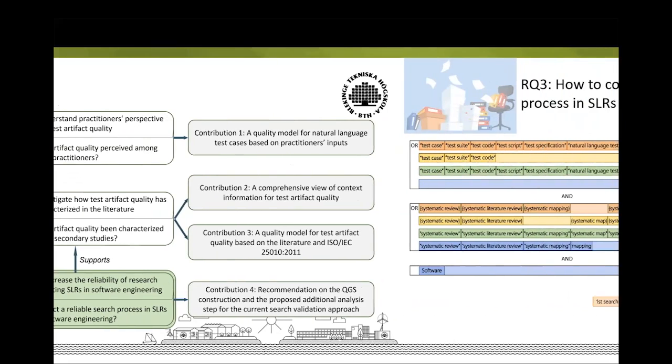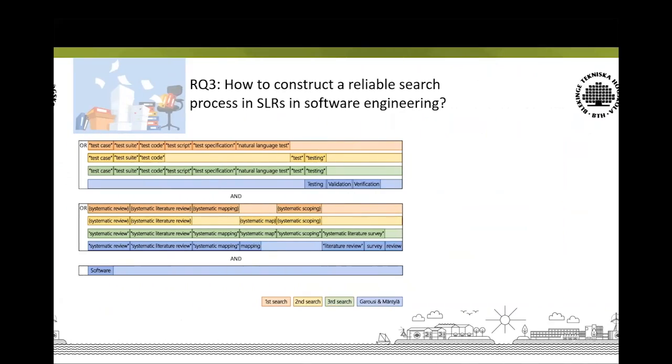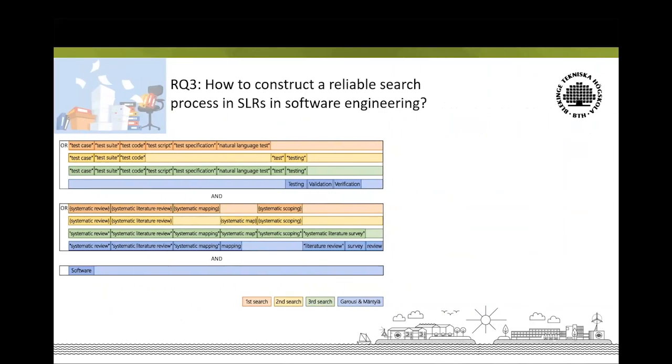And so what we did is basically, for this quasi-gold standard approach, we used another relevant tertiary study to build our quasi-gold standard. And just to clarify, the quasi-gold standard in this case is just a subset, a representative subset of the gold standard, meaning all relevant studies of your systematic literature review.